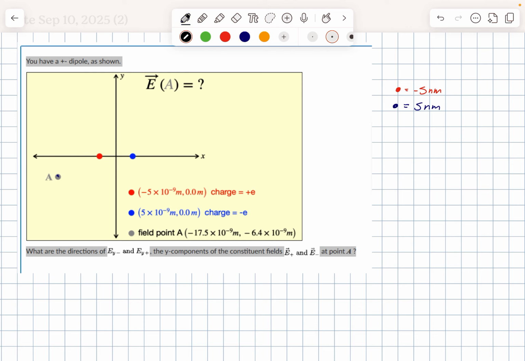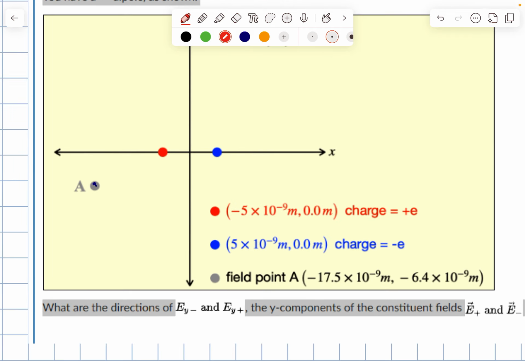And then for our point A, I'm just going to do for A of x, has us here at -17.5 nanometers. And then for the y component, it gives us 6.4. So A of y is going to be -6.4 nanometers.